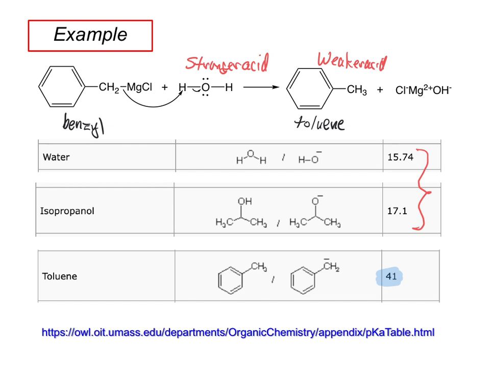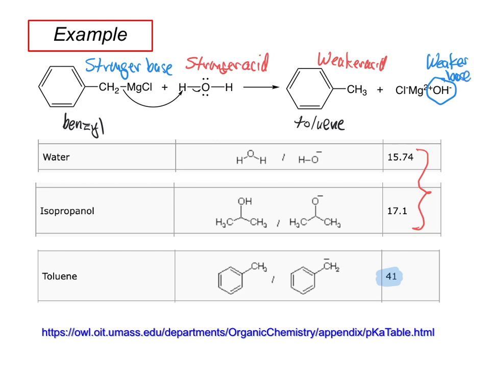And so that makes the benzyl Grignard the stronger base, and the hydroxide ion that is produced the weaker base.